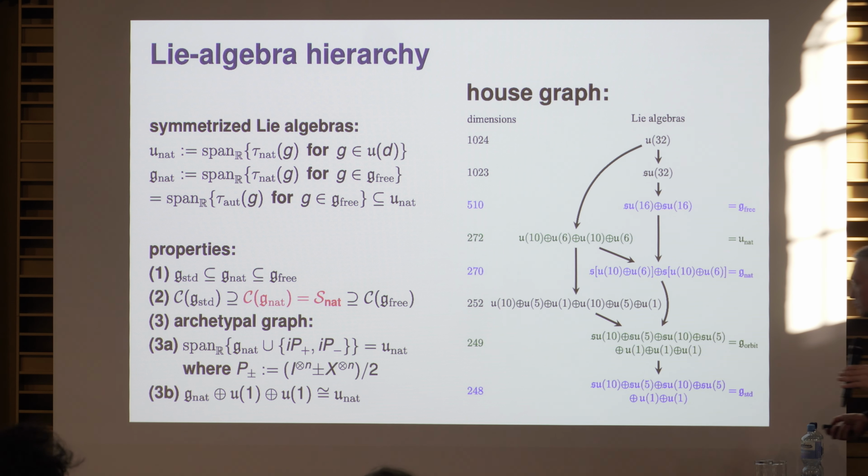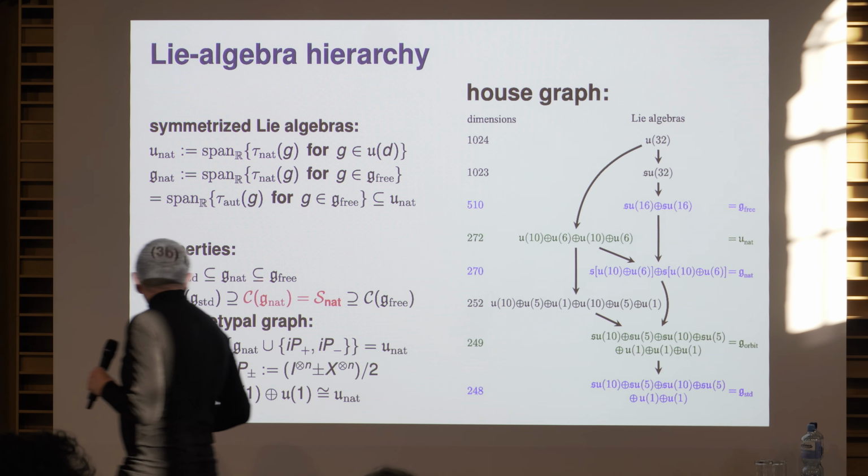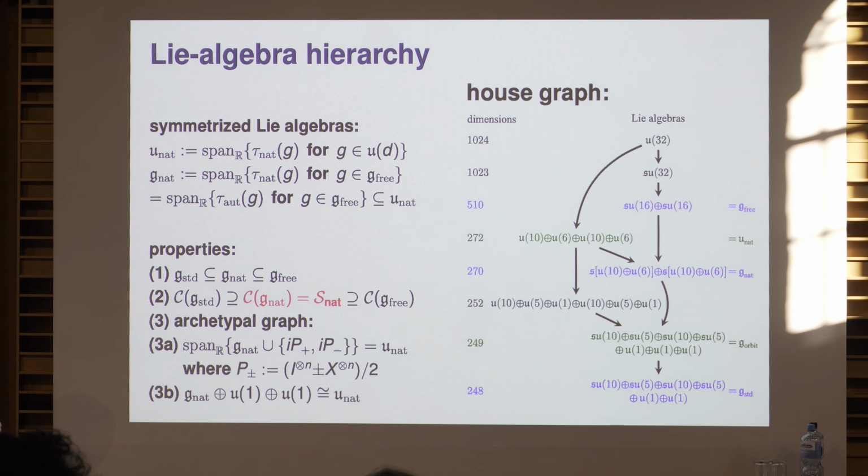So we get this inclusion relation, as I mentioned, and then inversely for the symmetries, and there's some relation between G naught and U naught here. So we get two more elements for these archetypal graphs corresponding to these projectors. And we see that there are just two U1s here.